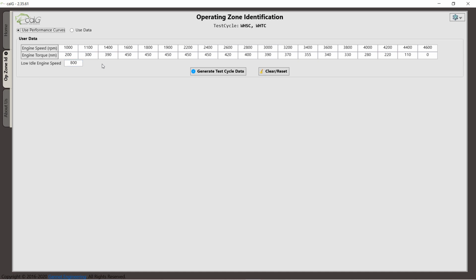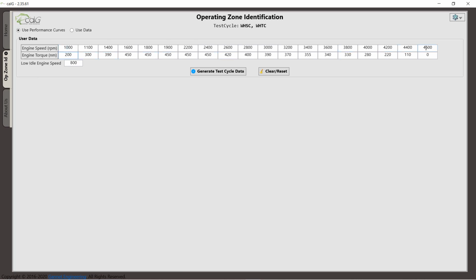In the earliest stages of development, we need to know what emission points this specification engine will be running in the emission test cycles. This particular engine has a low idle speed of 800 rpm, and the performance curve starts from 1000 rpm at 200 Nm torque.